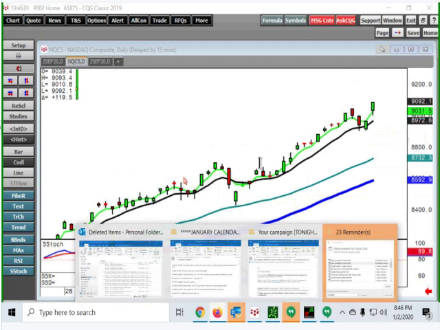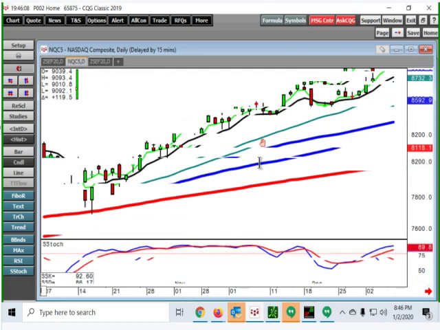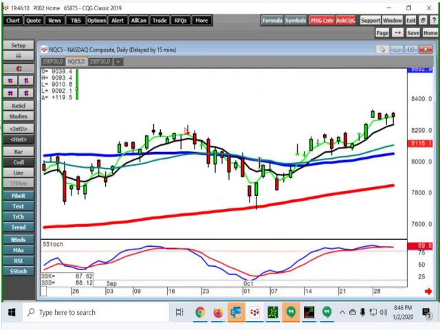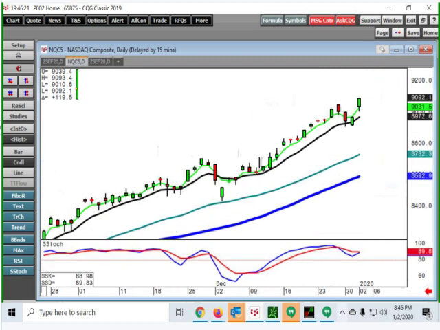So as soon as we closed below the T-line, the probabilities were that we were heading lower. That is just a very simple statistical analysis.